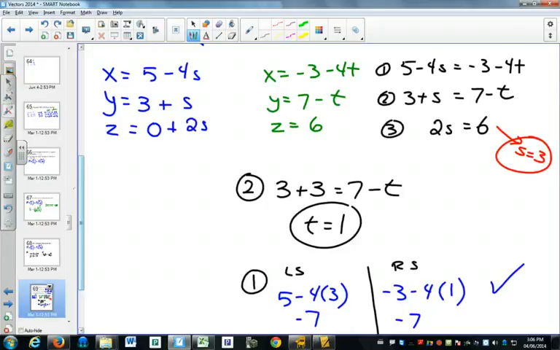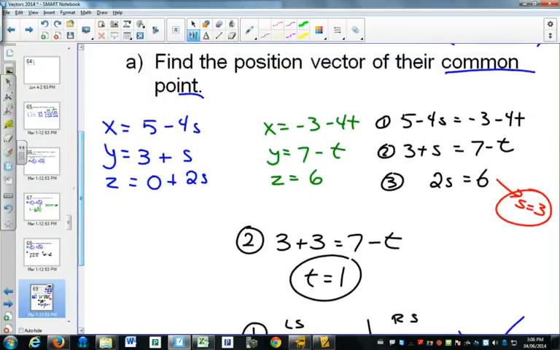Now, to figure out what the actual point is, you could either plug in s equals 3 into these ones, or you could plug in t equals 1 into these ones. Either way, you're going to get the same point. And that point is going to be 5 minus 12, negative 7. 3 plus s will be 6.